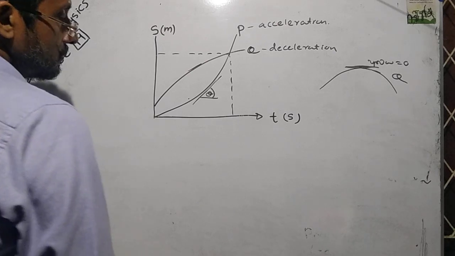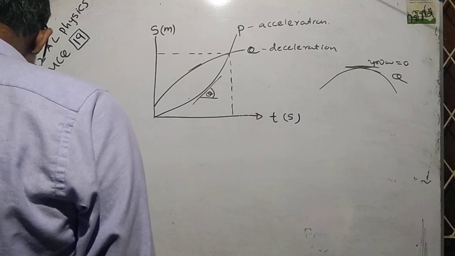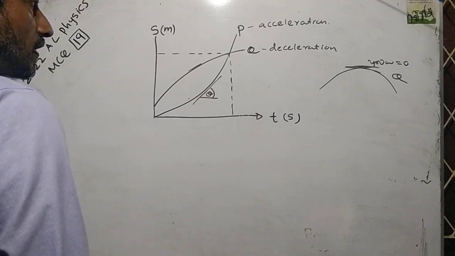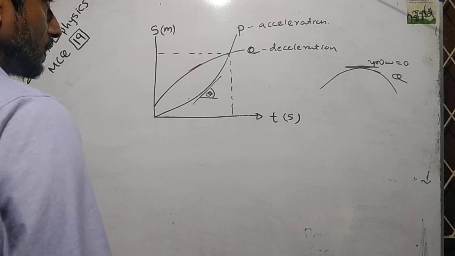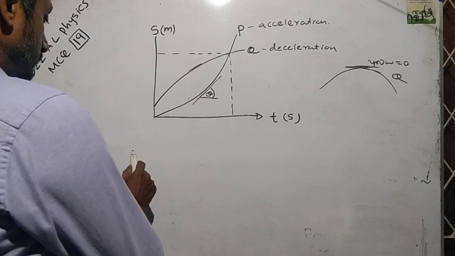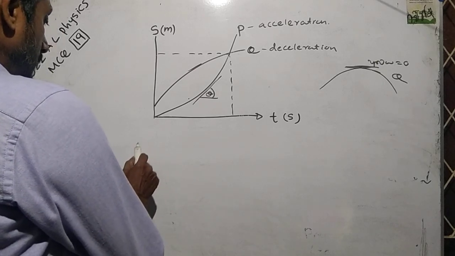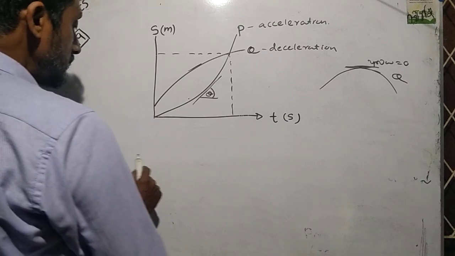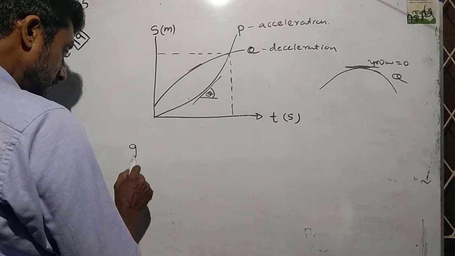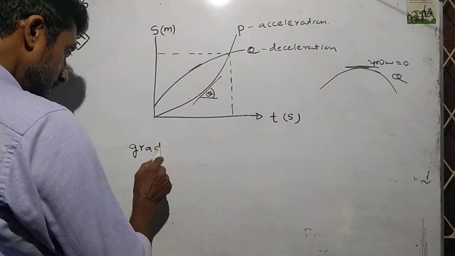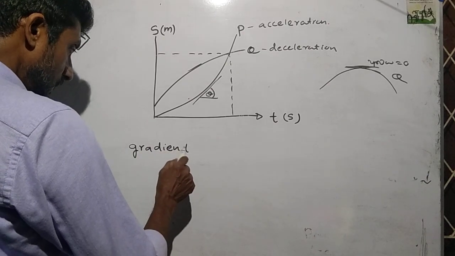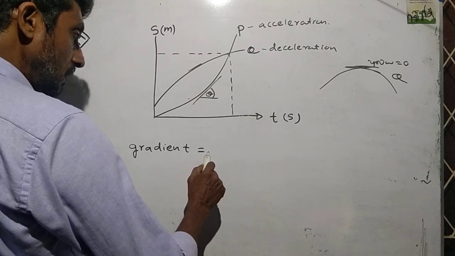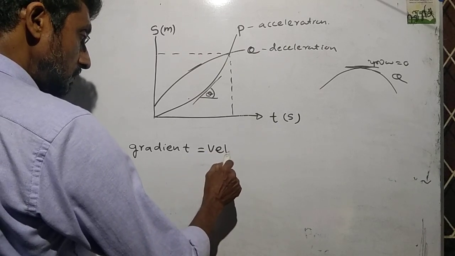These two given graphs are ST graphs, displacement time graphs. The gradient of a displacement time graph equals the velocity.